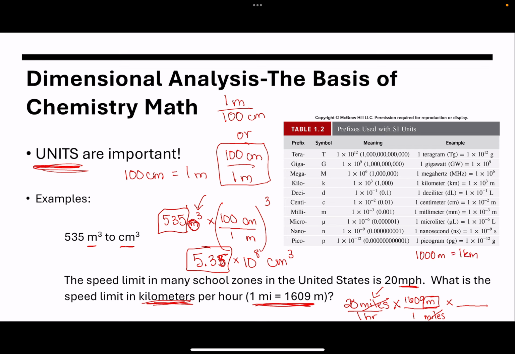So we can fill that in to our problem where we have 1,000 meters and 1 kilometer. And so here we know that our meters are canceled out. We're left with kilometer, which is what we want. Down on the bottom, we didn't cancel out our hour, which is great because that's also what we want.